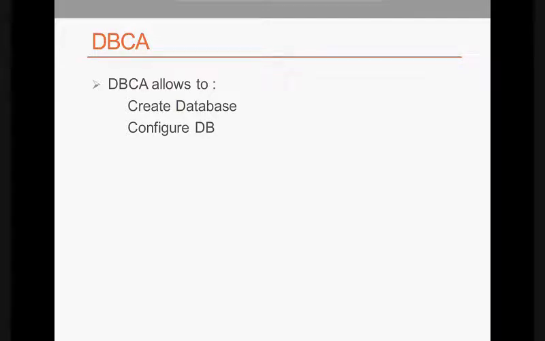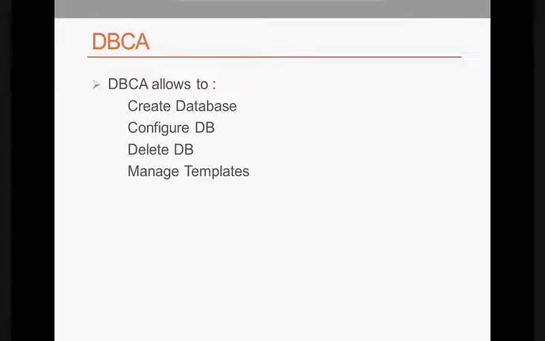This option allows us to add database options that have not been previously configured, such as JVM, Intermedia, Visual Information Retrieval, Spatial, Oracle OLAP Services, SQL Plus Help. Delete a database. It allows us to delete a database which was previously created.